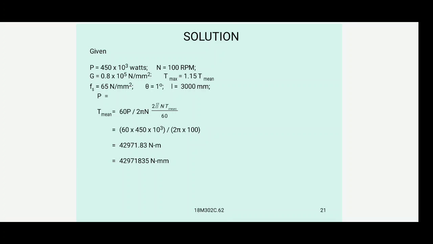The power is equal to 2 pi NT by 60, so T mean is equal to 60P by 2 pi N, that is equal to 60 into 450 into 10 cube by 2 pi into 100, that is equal to 42,971.83 Newton meter.